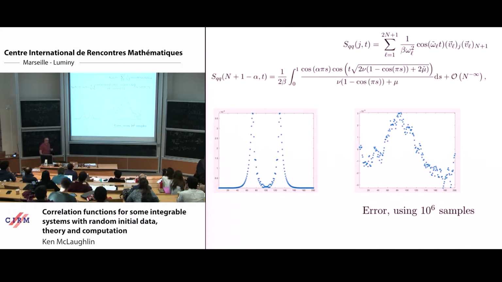Okay, so that tells you that if you want to do Monte Carlo simulation and get 3 digits of accuracy, you need to take maybe 100 particles, but you are going to need a million simulations. So that's where all the work is, making sure your code is efficient enough that it will solve the ODEs so you can repeat it a million times.